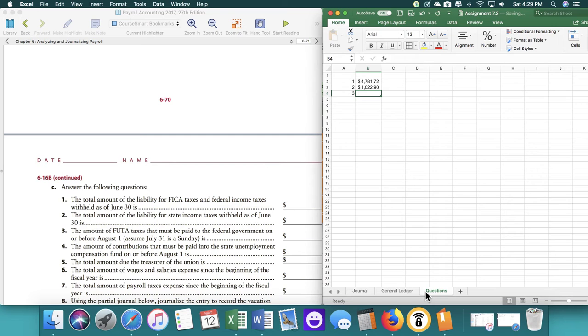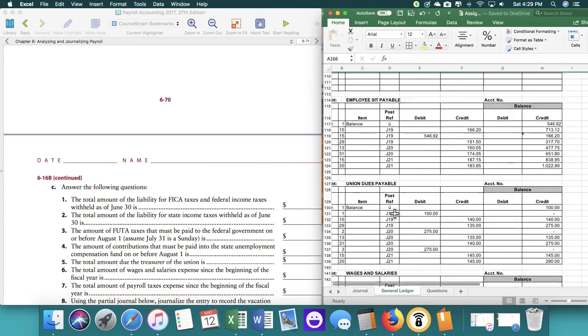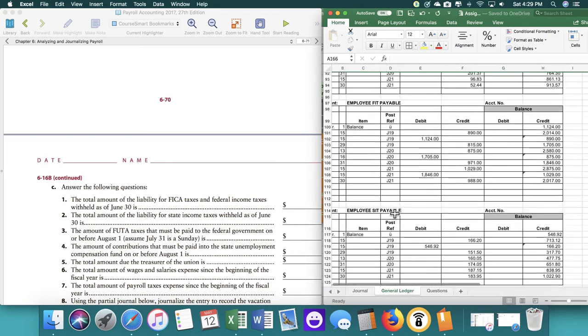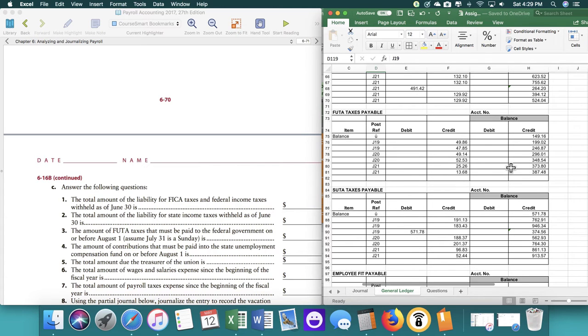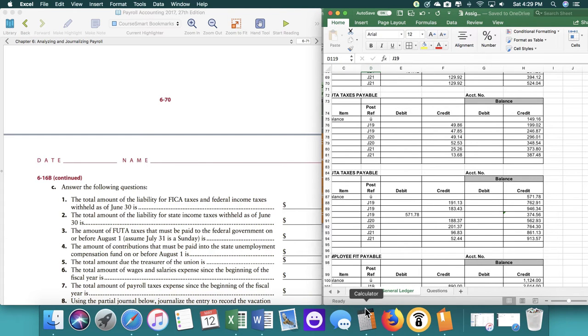Question 3 is asking us the amount of FICA taxes that must be paid to the federal government before August 1st. So we're going to look at FICA taxes. Technically, this is a trick question because we have been paying the taxes on a regular basis.